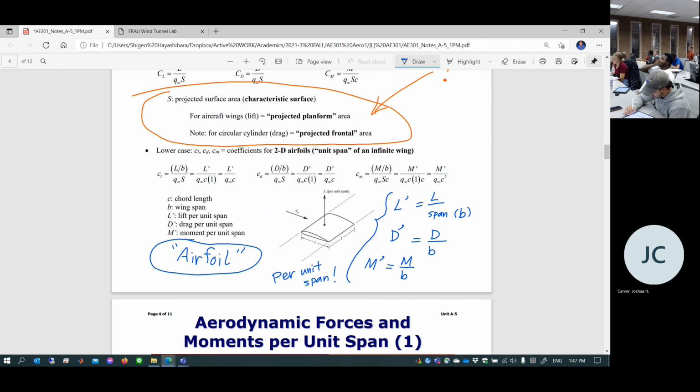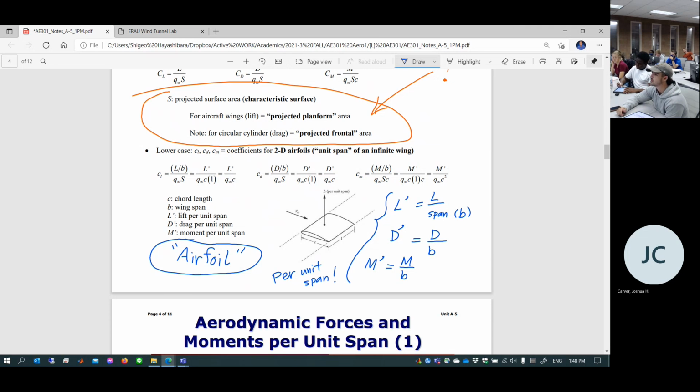This actually defines the two-dimensional coefficients. The two-dimensional coefficient is lift per unit span normalized by q infinity S. Now we are talking about this kind of wing, unit span and chord. So what does the area S become? Area S becomes chord times unit span, which is c. So L prime over q infinity c.